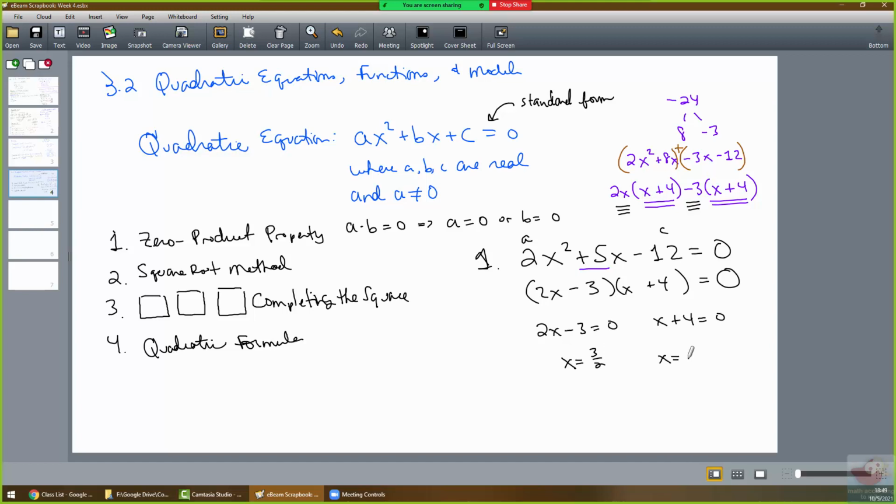We'd get negative 4. So that's the zero product property. Questions on that?